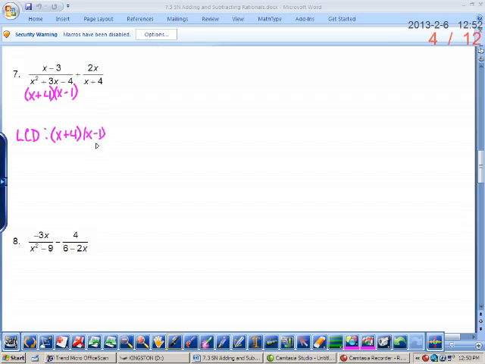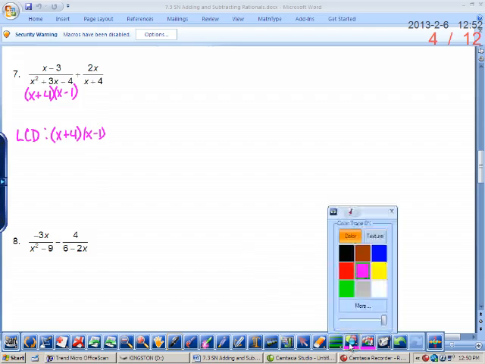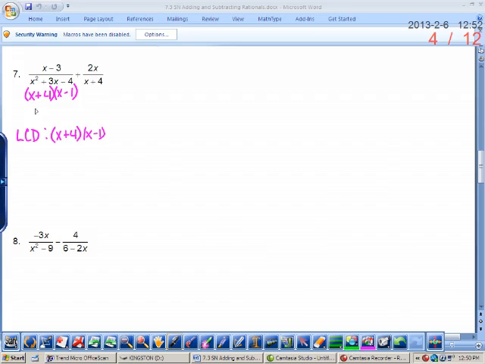So even though there's x plus 4. Yeah, so x plus 4 in this case happens once in the first denominator and once in the second denominator, so I only have to represent it once in the common denominator. Okay? Okay, good. All right, go ahead and keep going.